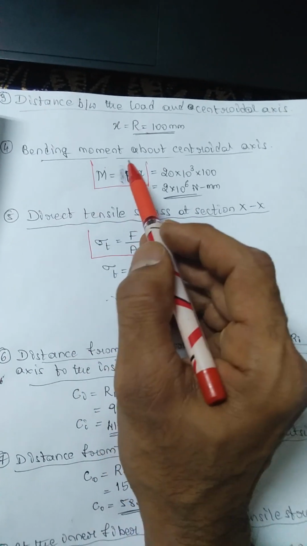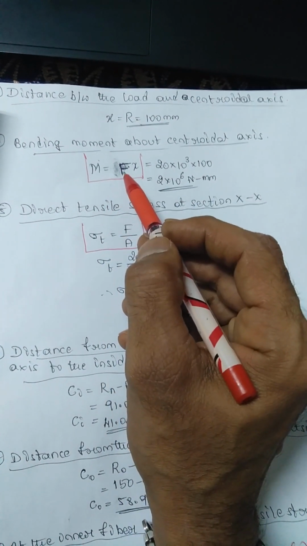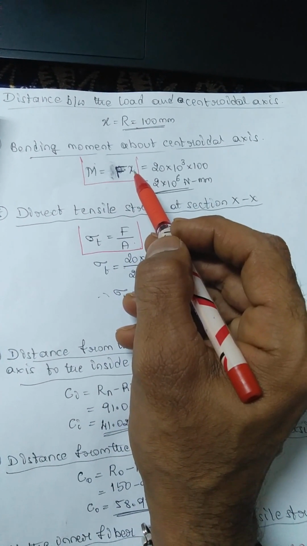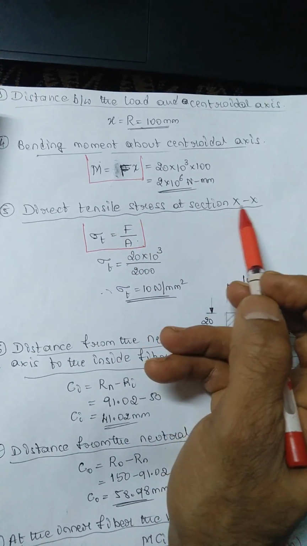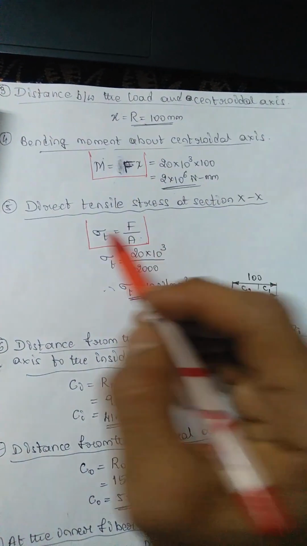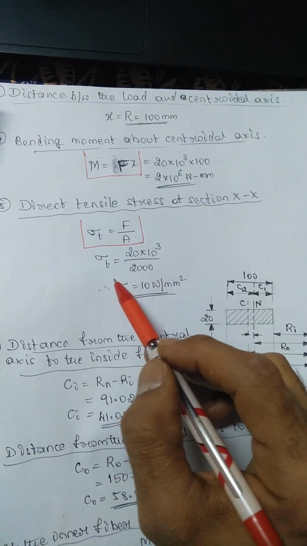Next, bending moment about the centroidal axis: bending moment equals load into length. Next, the direct tensile stress at section XX: stress equals load by area, so you can calculate the tensile stress.